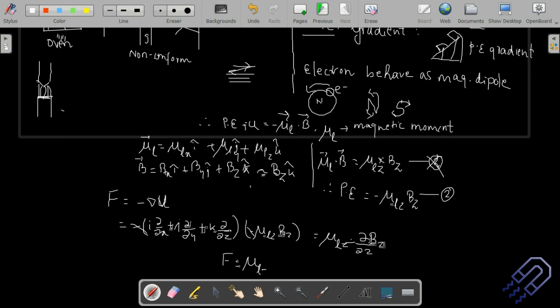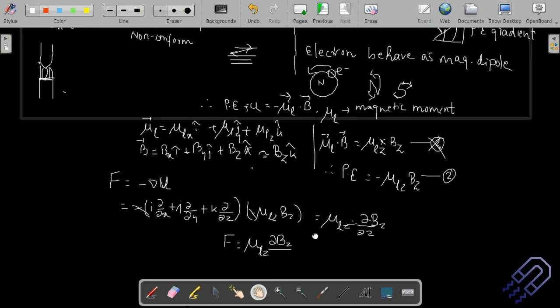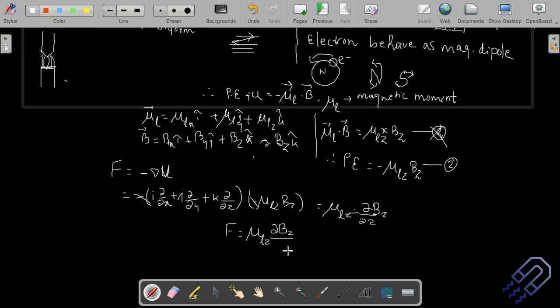What is the most important thing here? The most important thing is that we ignored the fact that electron will act as a magnetic dipole in earlier theories, but we cannot do that.